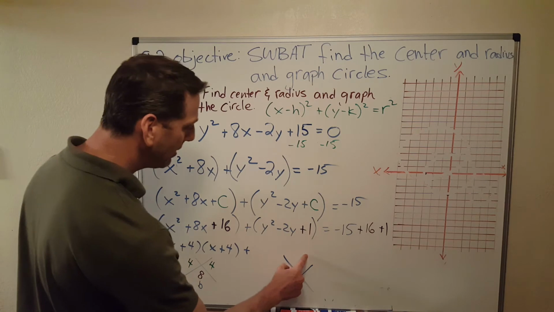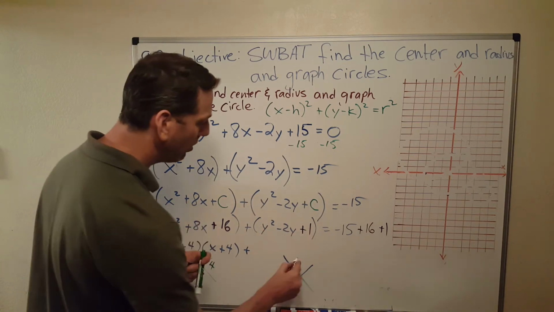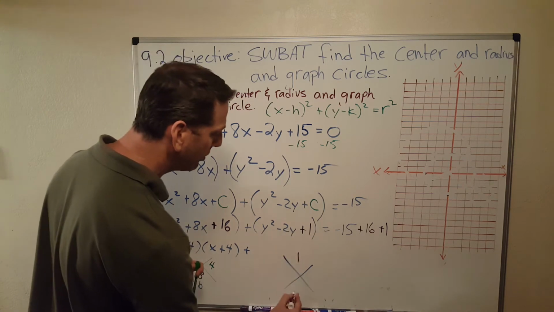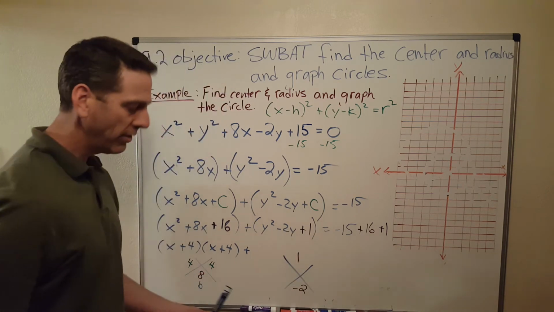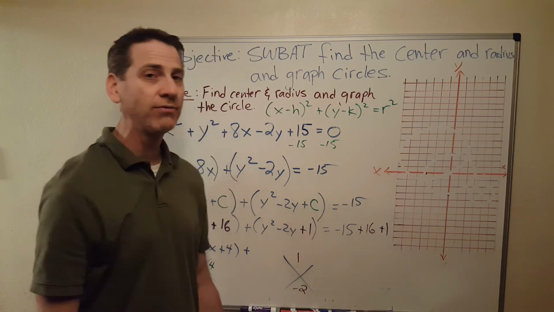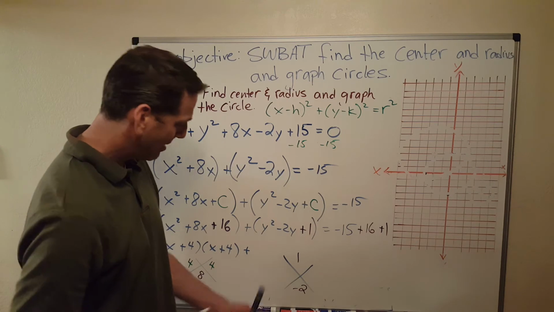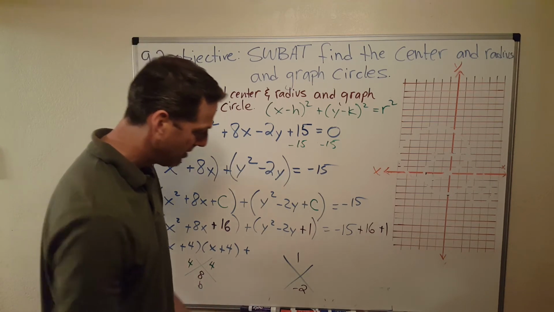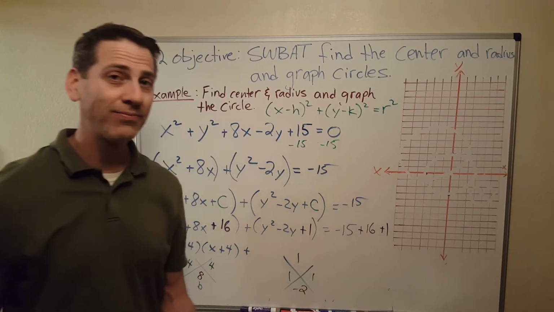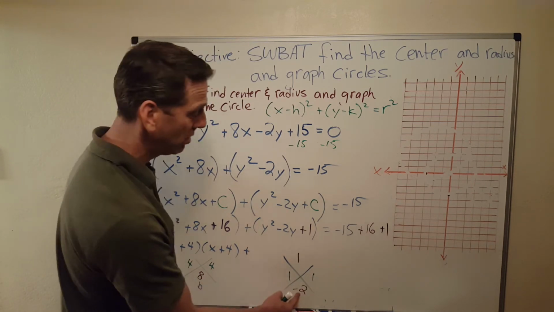So AC is just 1 times 1, which is 1, and B is negative 2. All right, so what two numbers are going to multiply to give me 1 and add to give me negative 2? Well, there's only one way to get 1 by multiplying, and that is 1 times 1. 1 plus 1 is 2, not negative 2.